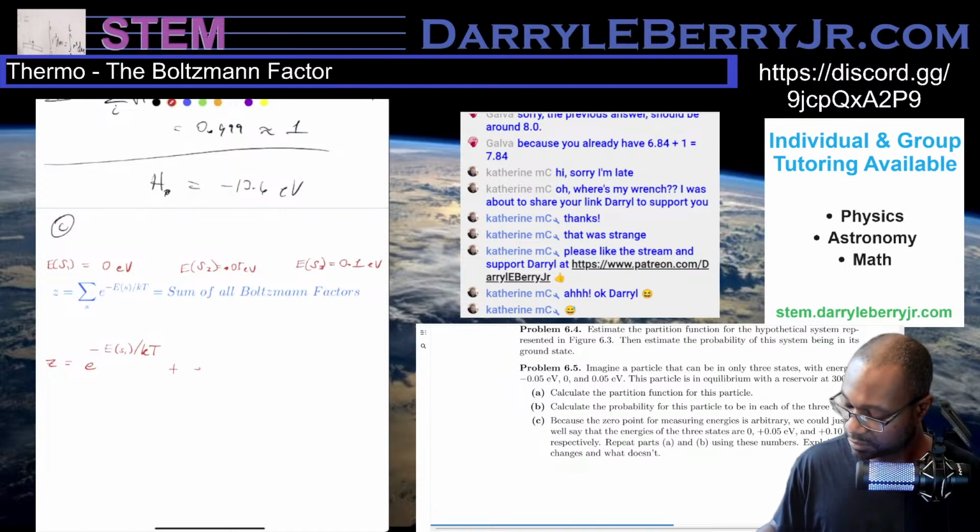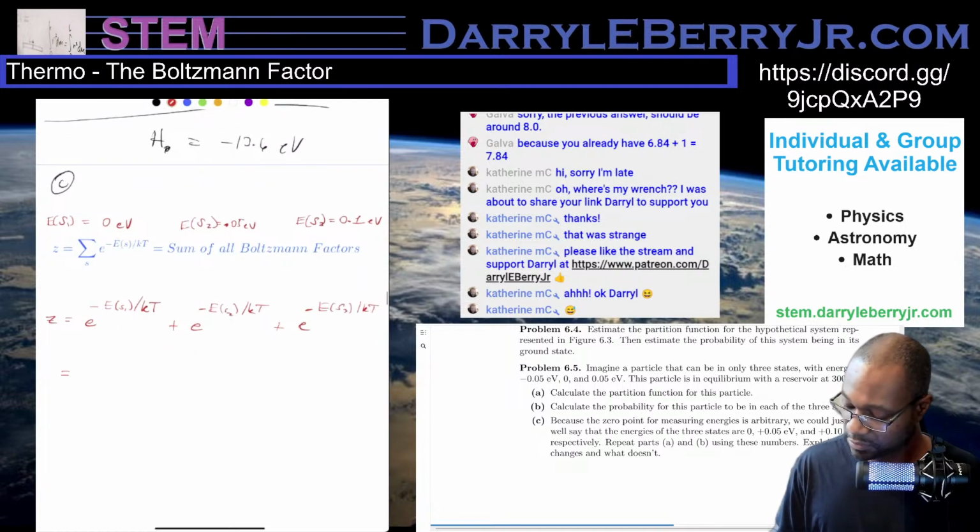Plus e to the negative E_s2 over kT plus e to the negative E_s3 over kT. So this is e to the 0 plus e to the negative 0.05 over kT.